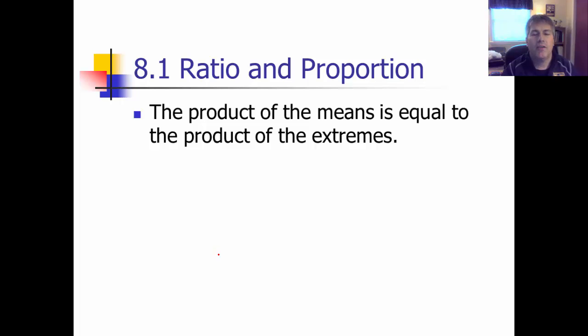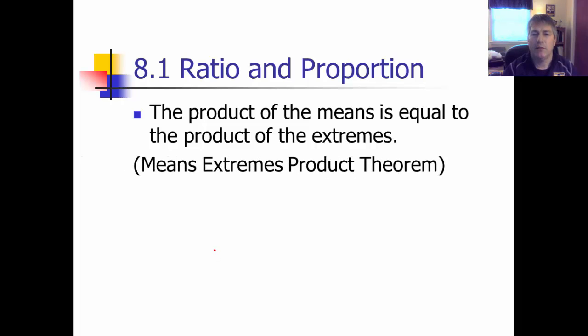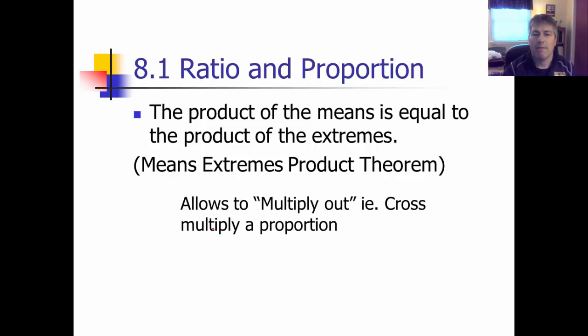So when we multiply out a proportion, we'd say the product of the means is equal to the product of the extremes. And in geometry, we have a theorem for that, called the means and extremes product theorem. It allows us to multiply out or cross multiply a proportion.